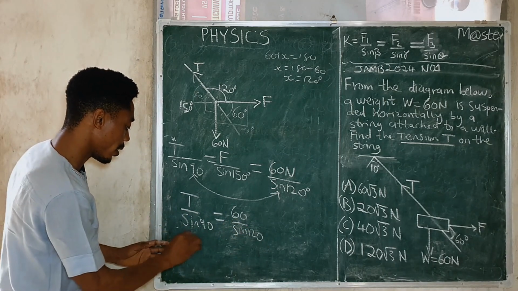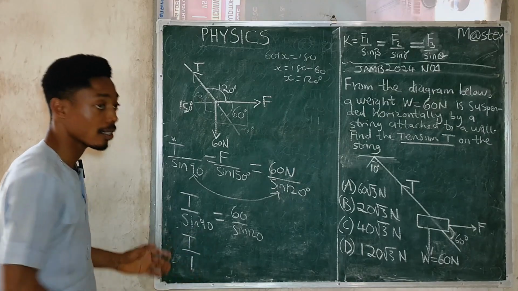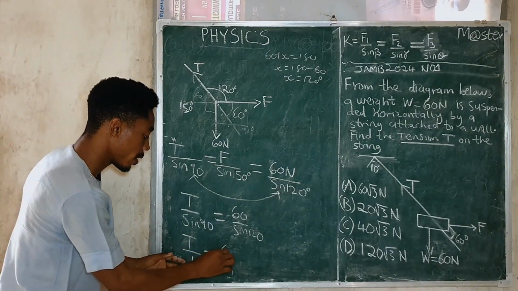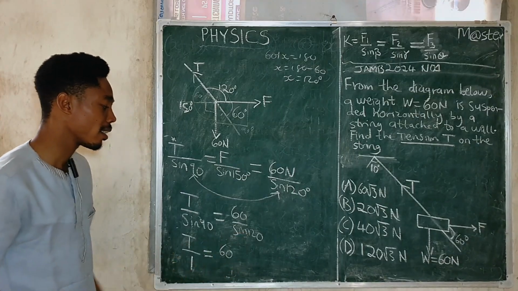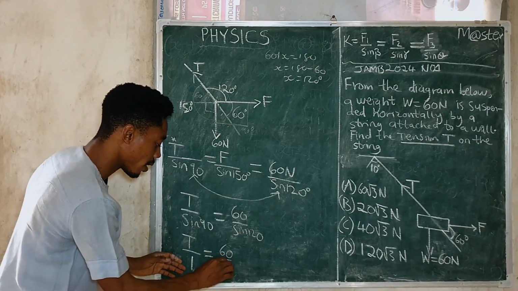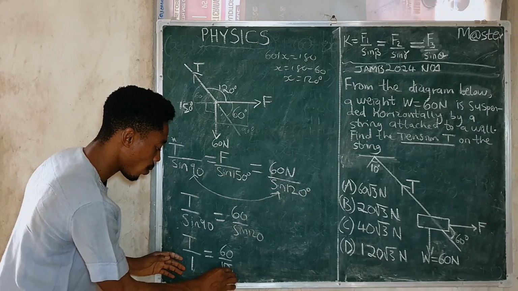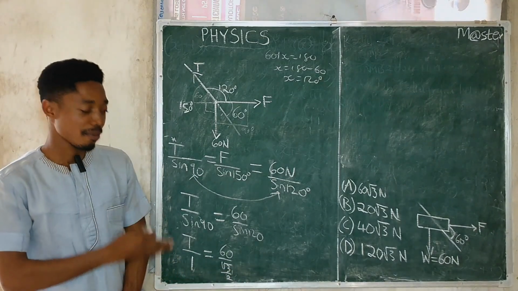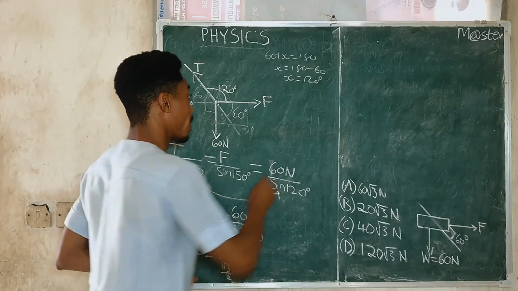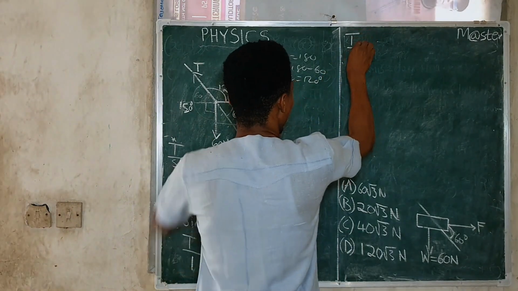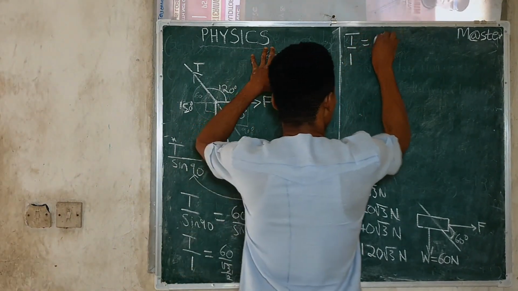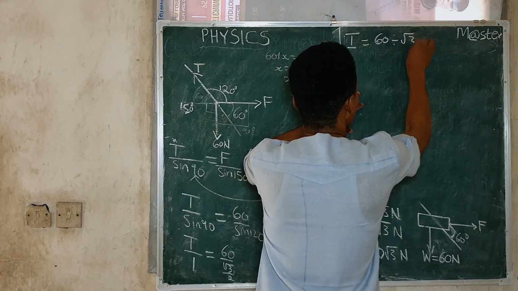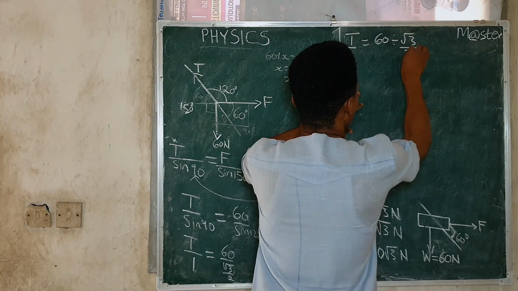Quickly, T all over sine 90 is T over 1. It's a special angle. Sine 120 is root 3 all over 2. We proceed. From there, we can say that T all over 1 equals 60 divided by root 3 over 2.